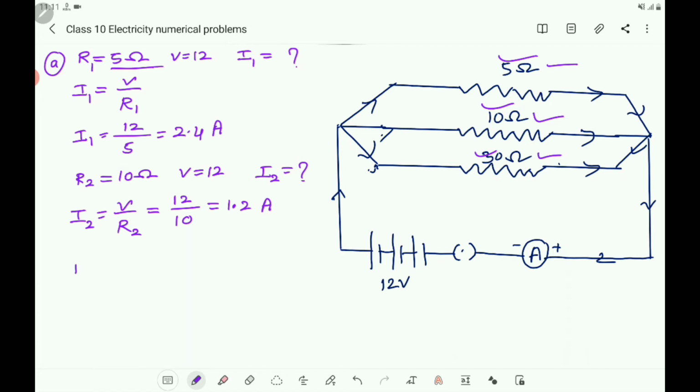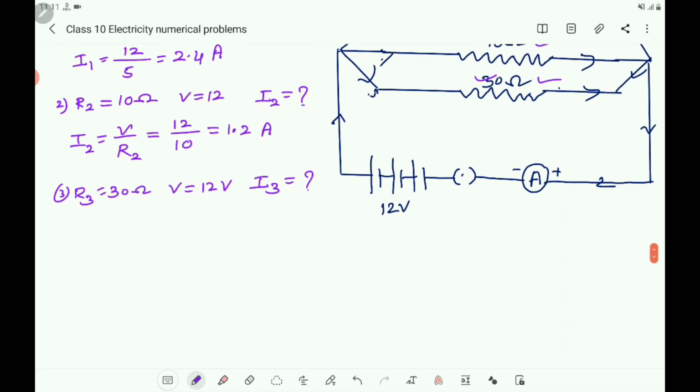This is the current through R1 with 5 ohm, and this is the current through R2 with 10 ohm. Now take resistor R3, which is 30 ohm. V is the same, 12 volt, and we have to find I3.